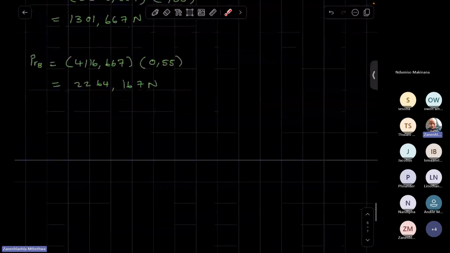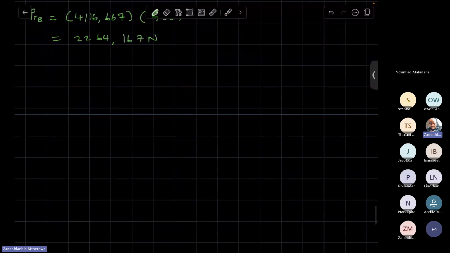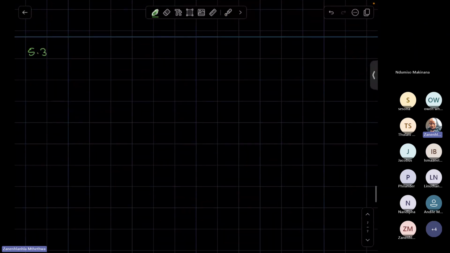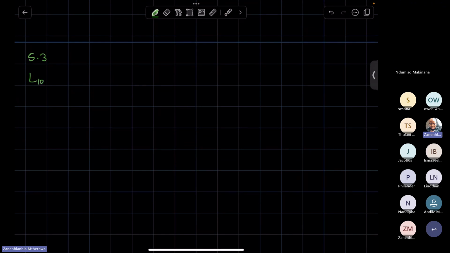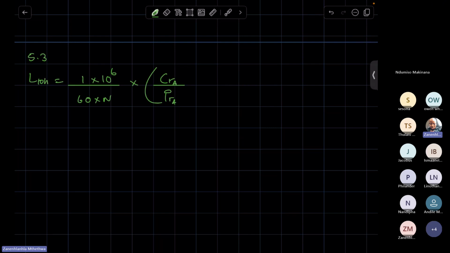In terms of hours, the basic life rating is denoted as L10H, and L10H is equal to 1 times 10 to the 6 divided by 60 times the rotational frequency of the shaft in revs per minute, times CR for the A bearing, which is what you're calculating, divided by the dynamic equivalent for bearing A, to the exponent P. So now we look at what each of these quantities are equal to.